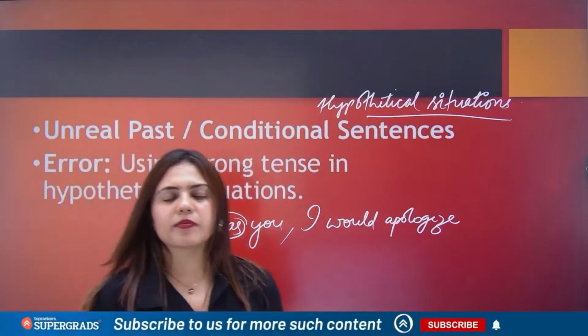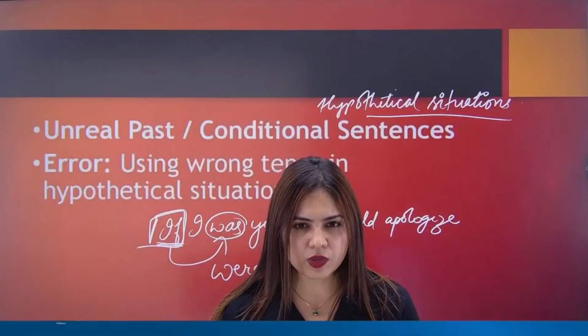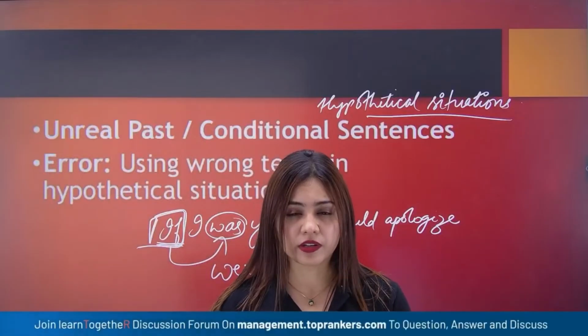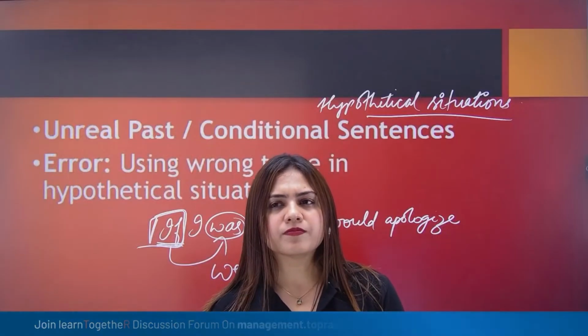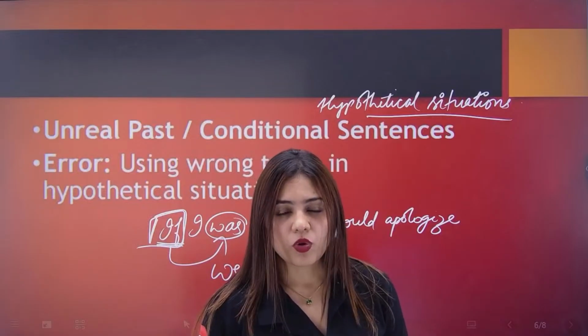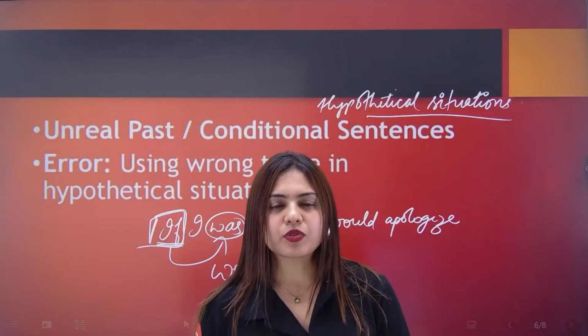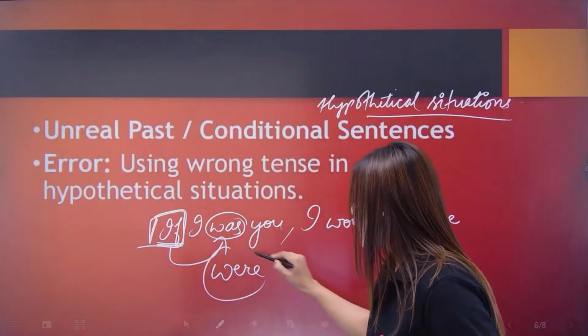Technically, grammatically we use I was, but as soon as it is a hypothetical situation, it should be I were. If I were a fairy, if I were the most important person in the world. So these are hypothetical situations, and that's where we use were with I.